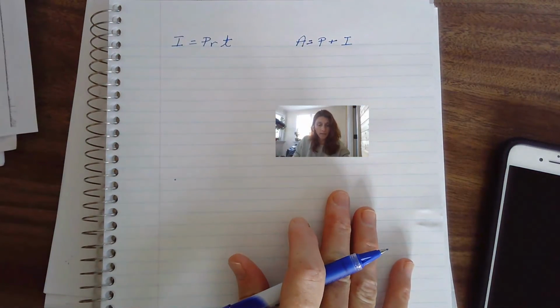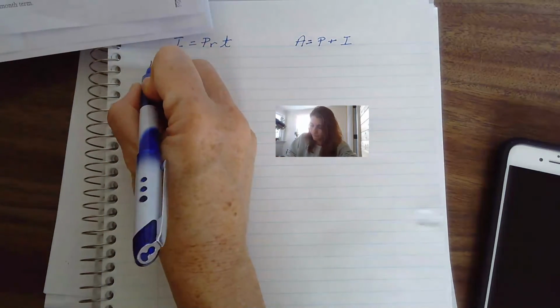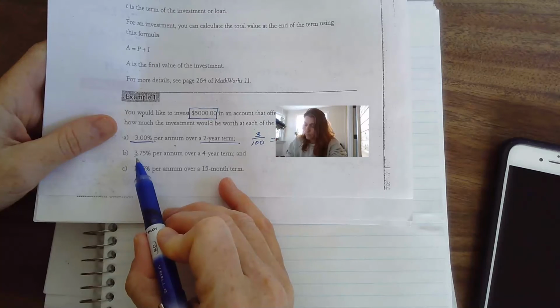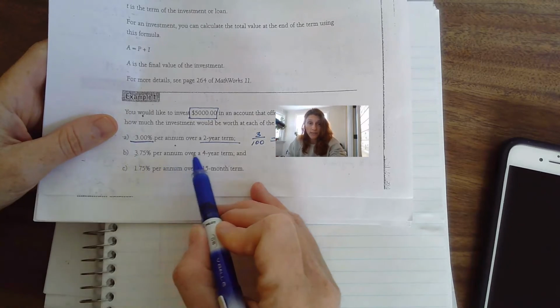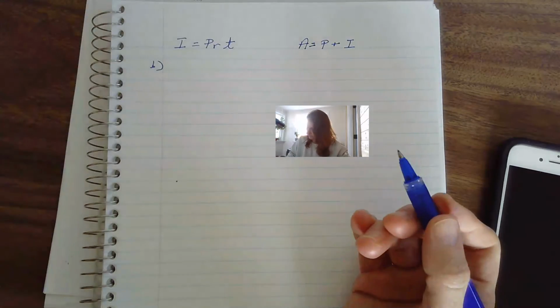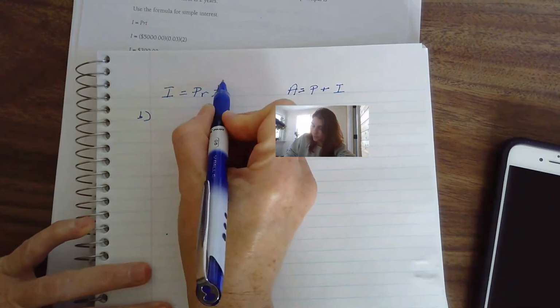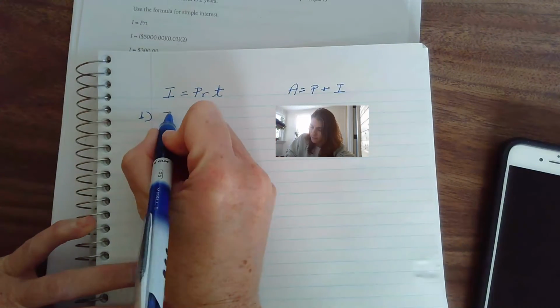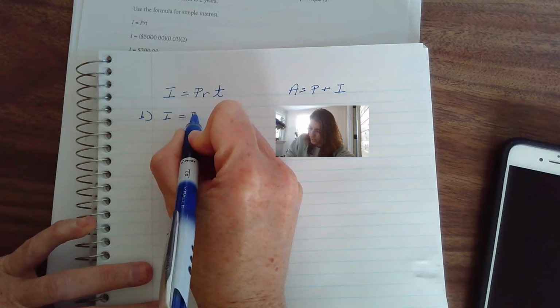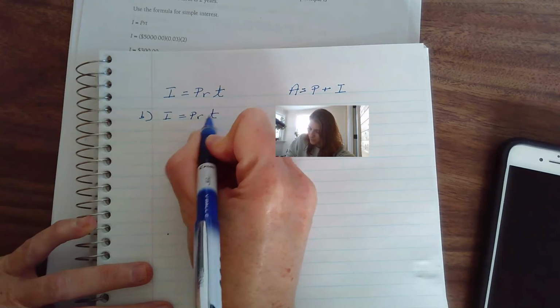Okay, so B in your book says 3.75% over a 4-year term. Okay, so we start off with this to figure out how much our interest is. Interest equals P times R times T.